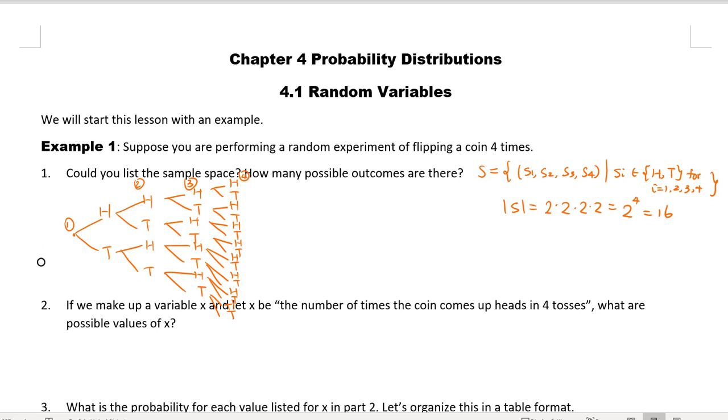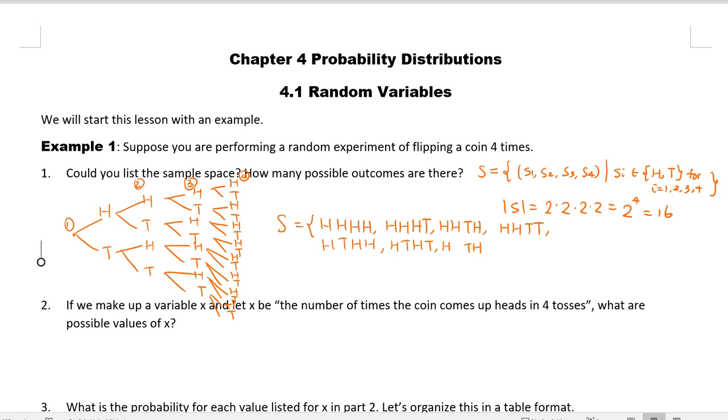Okay, everyone? So now let's write it down. First one, head, head, head, head. And then head, head, head, tail, and so on through the branches.